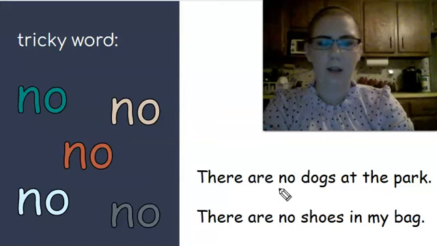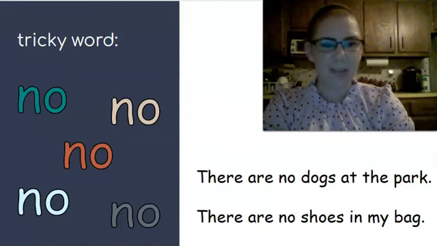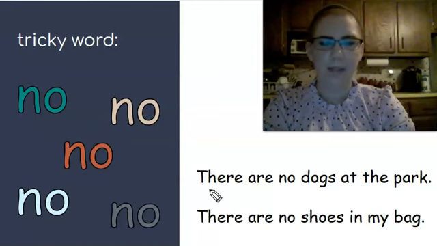There are... dogs at the park. Does that sound right? Doesn't quite sound right to me. There are no dogs at the park, but that doesn't look like it should say no. That's why it's a tricky word.